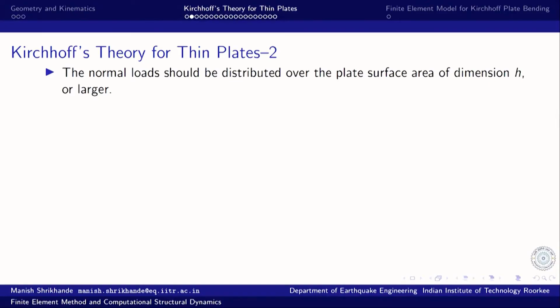So, the normal loads should be distributed on the plate surface over an area of dimension h or larger. Again, it is a distributed load on the surface, it should not be just one point, which will lead to very heavy stress concentration.